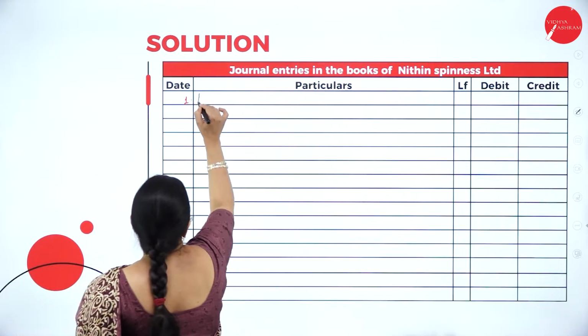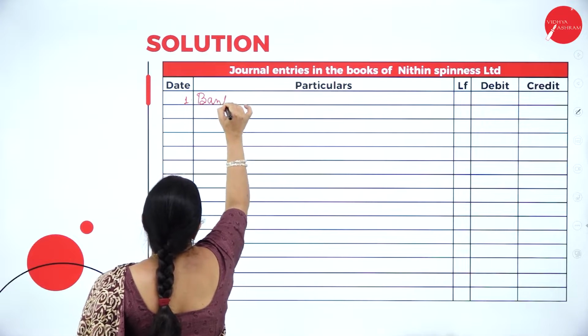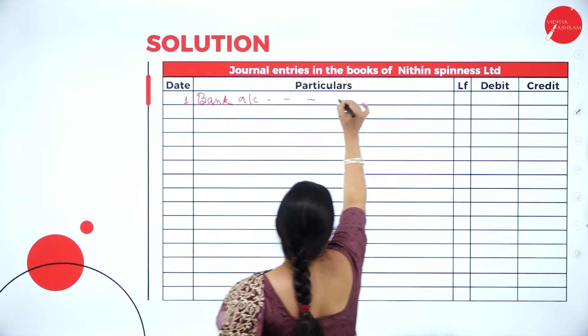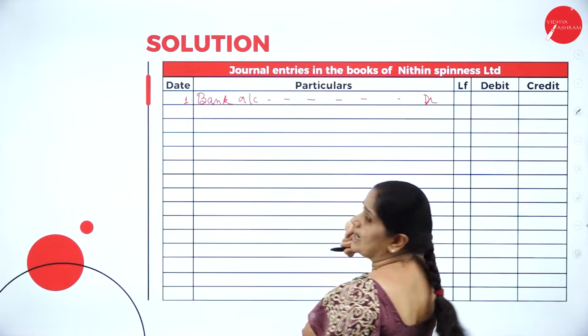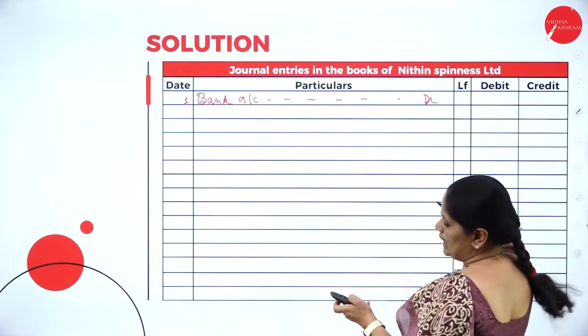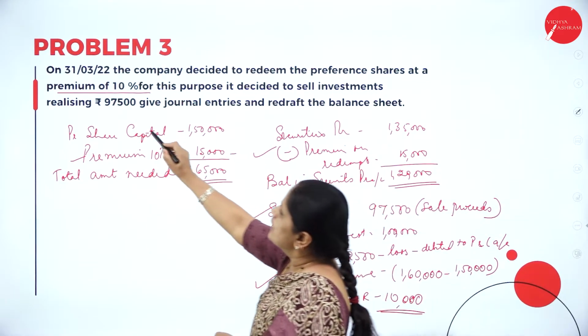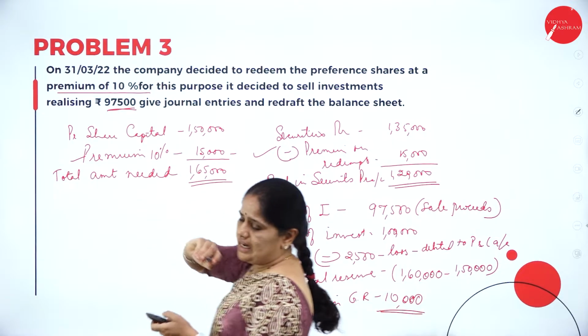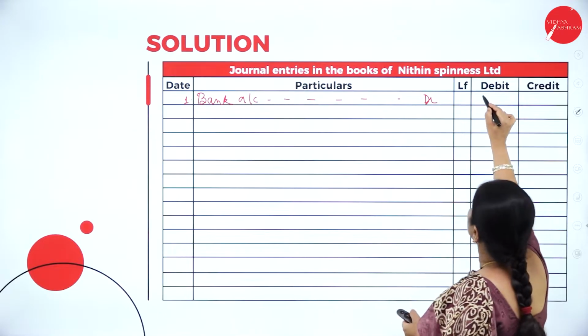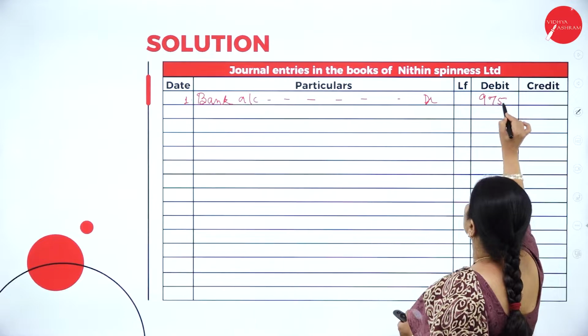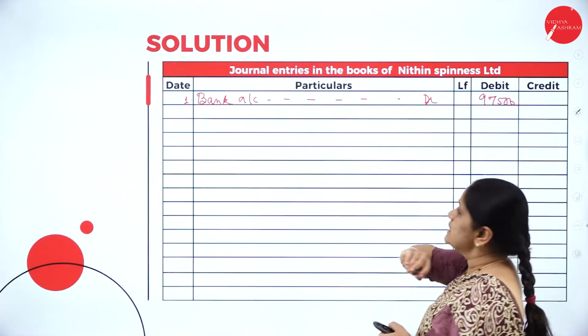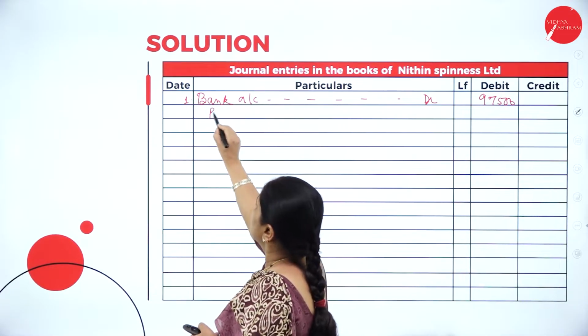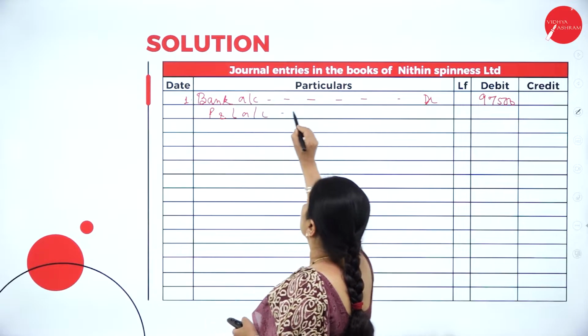Whenever you are selling investments, it is bank account debtor. Bank account debtor. So you are selling the investments at 97,500. So I write 97,500. You are selling the investments at 97,500. Then profit and loss account debtor.